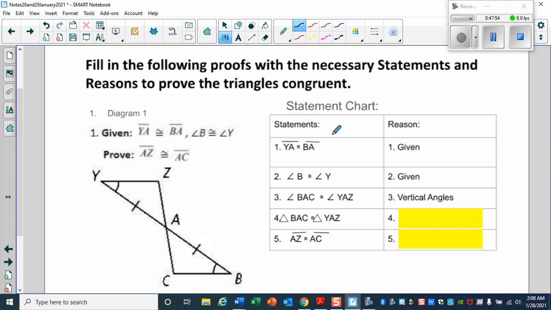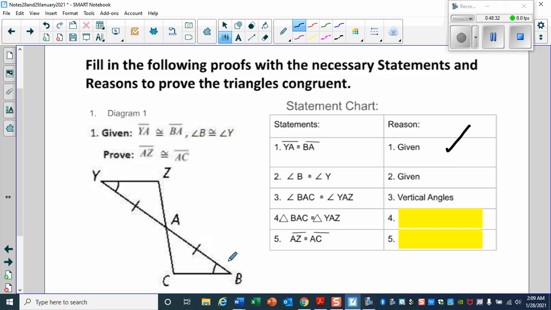Now, I think on a quiz, you'll be given the steps, but then you're going to have to fill in the blanks with either the triangle congruence or the CPCTC. So for instance, this problem told us YA and BA are congruent. All right, given.